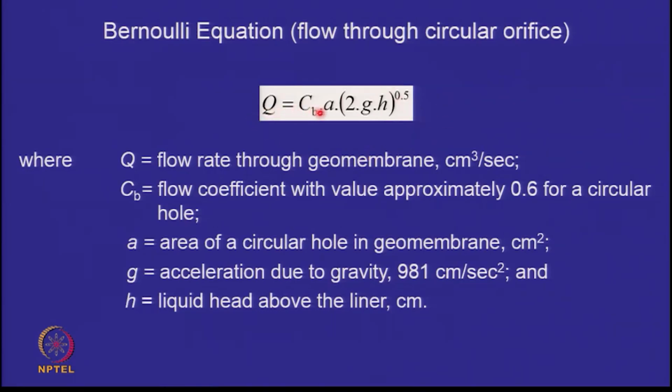Q is equal to CB into A into the square root of 2GH, where CB is the flow coefficient and we take it 0.6 for a circular hole. A is the area of the circular hole in centimeter square. G is the acceleration due to gravity, and H is the liquid head above the liner. So same problem.